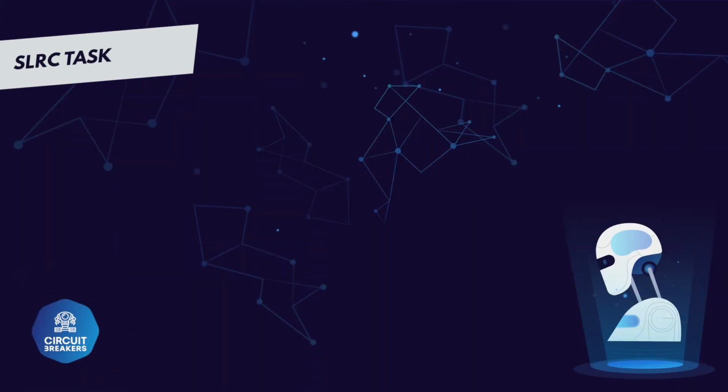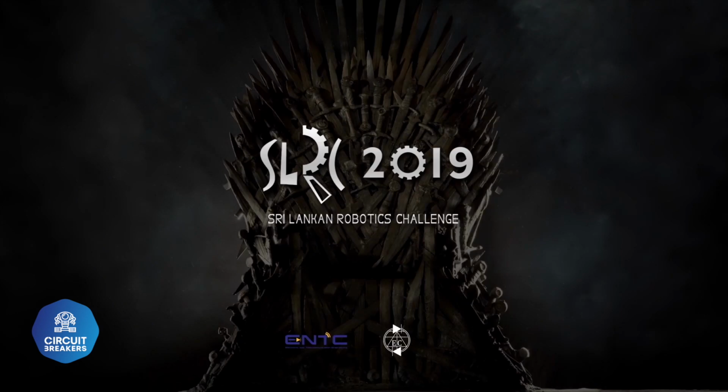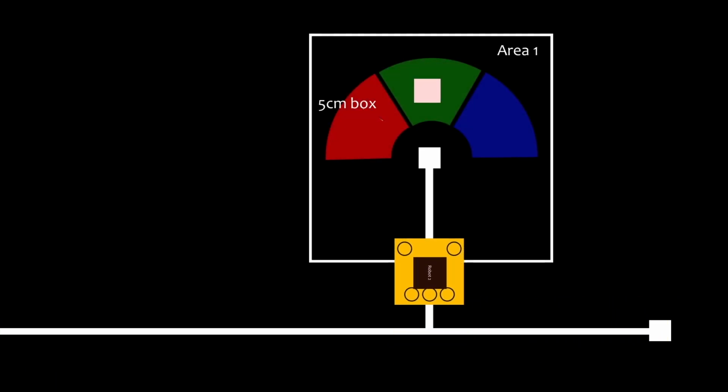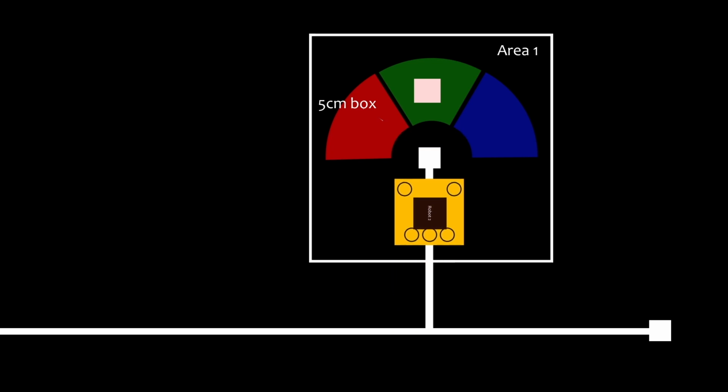To get familiar with the SLRC task, we will briefly go through it now. Here we are going to give a brief introduction about the task of the Sri Lankan Robotics Challenge 2019 competition with a short video. In this competition, we had to build 2 robots to complete the task.